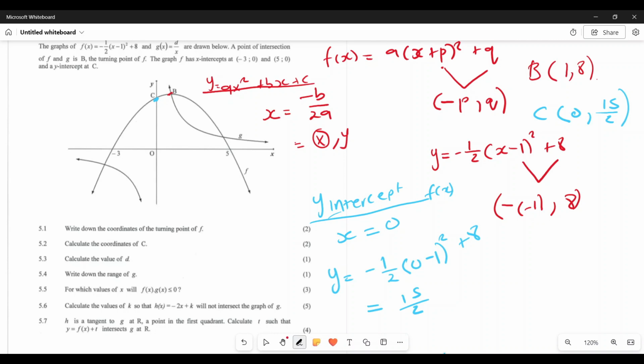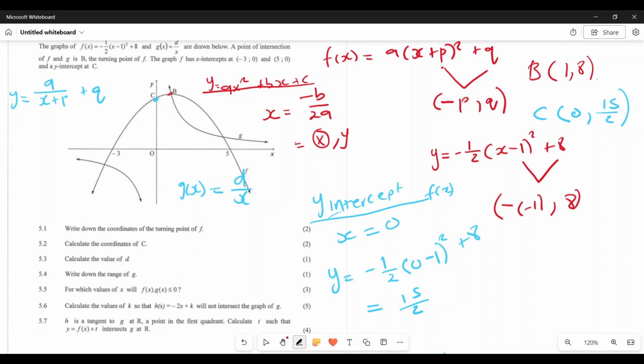Now they want us to calculate the value of d. Now remember, our g of x function is given in the form d over x, and this g of x graph is our hyperbola, right? So the general equation for your hyperbola is a over (x + p) plus q. Because here we do not have anything, obviously our value of q is going to be 0 for our g of x function.